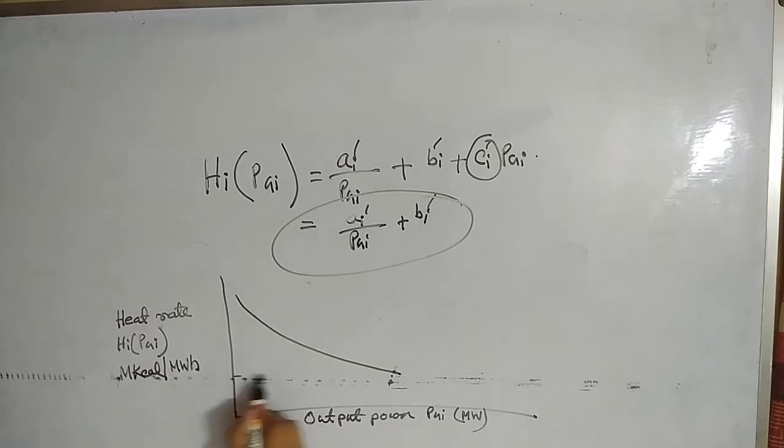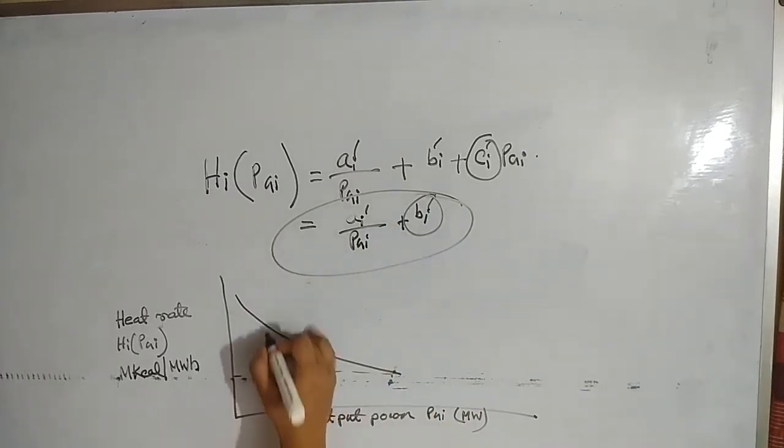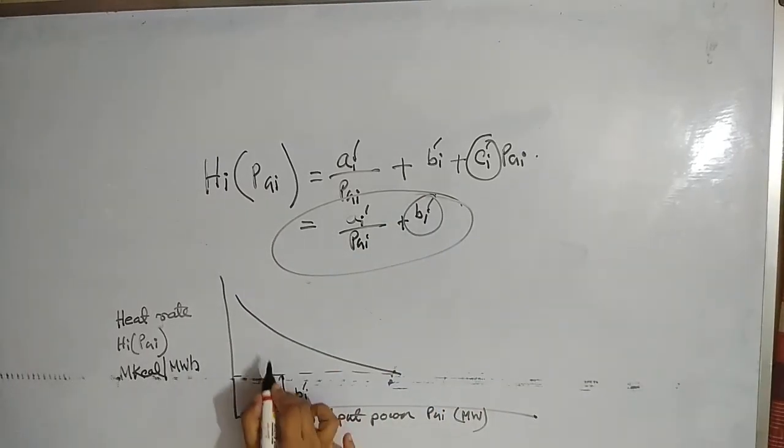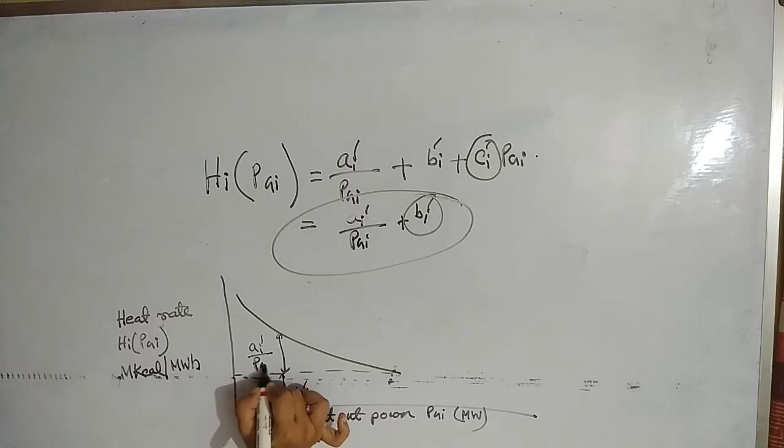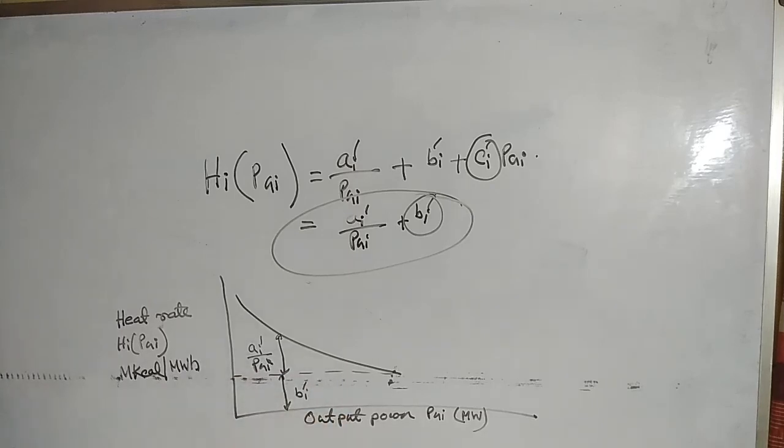Now this portion is BI dash and this portion is AI dash by PGI. So this heat rate curve gives a linear input-output curve.